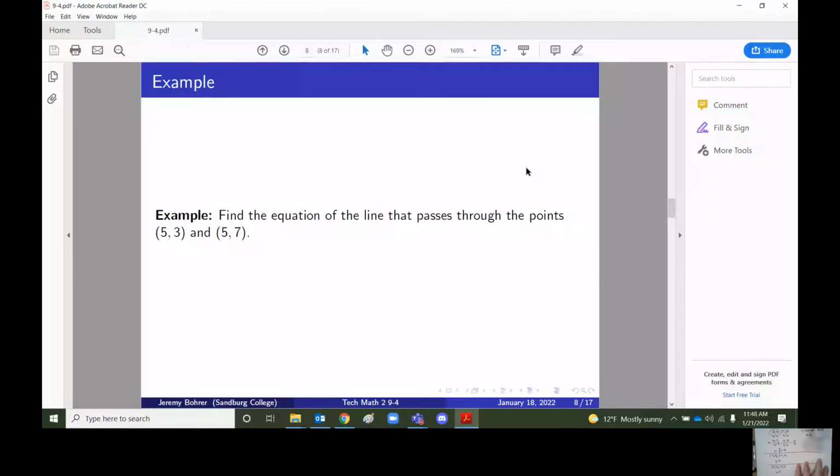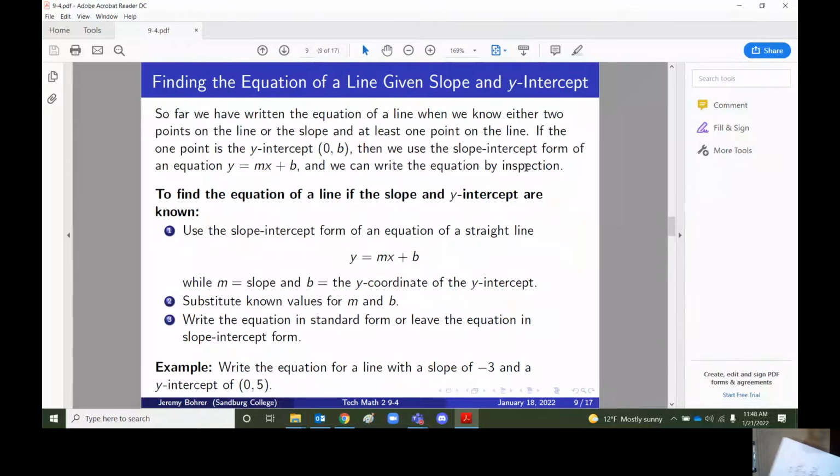Okay, and I believe this next page, yes, here is the last problem for this set of slides. We want to write the equation for a line with a slope of -3 and a y-intercept of 0, 5.